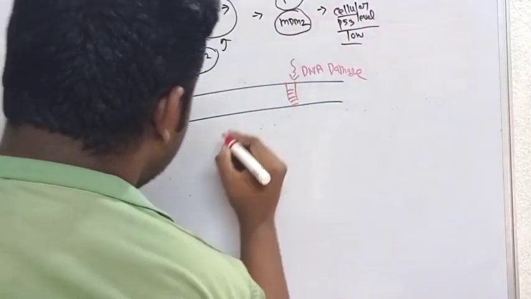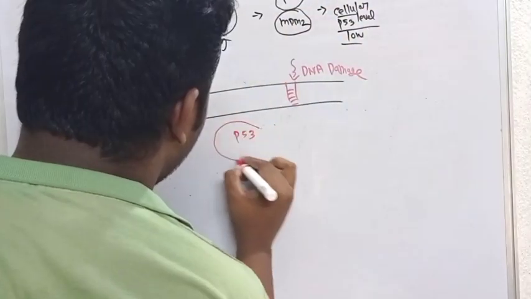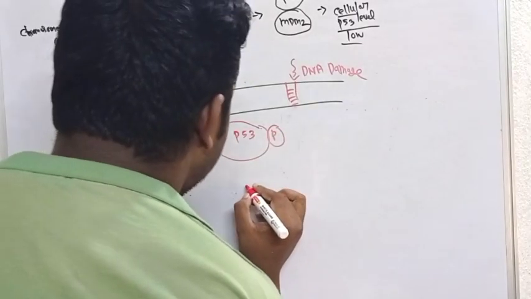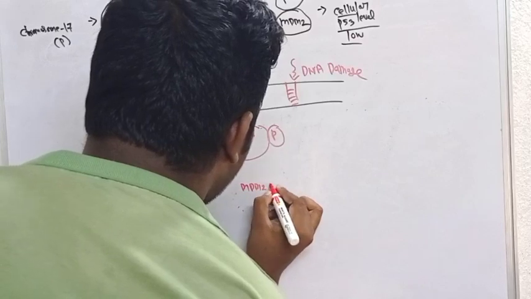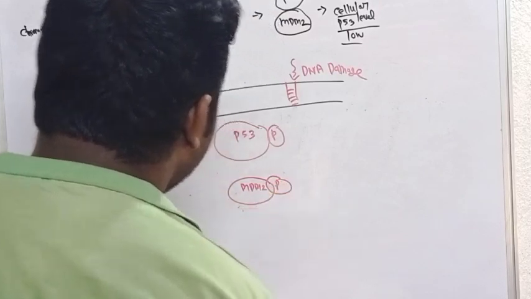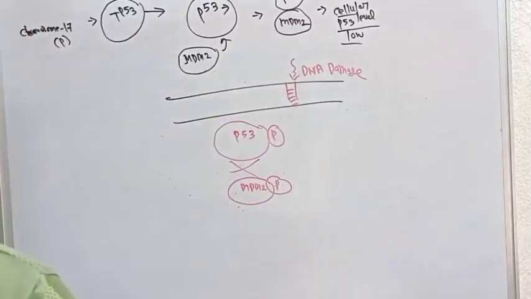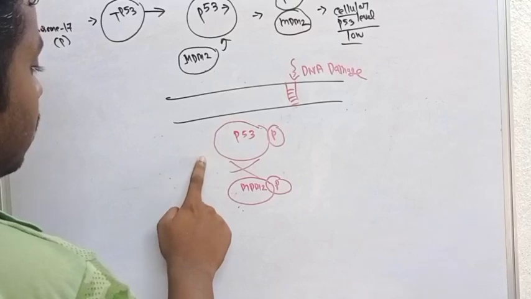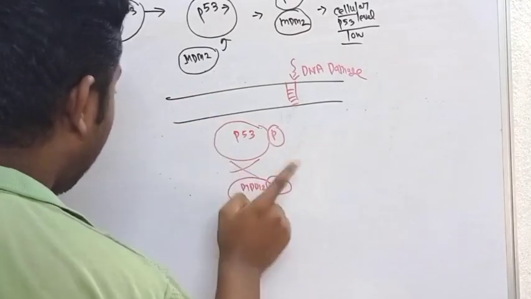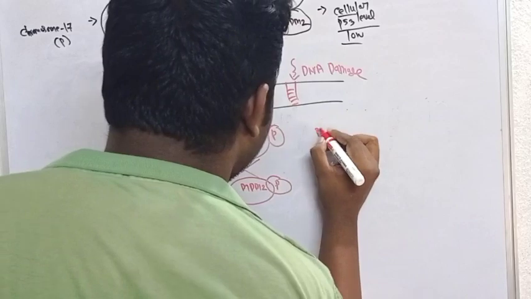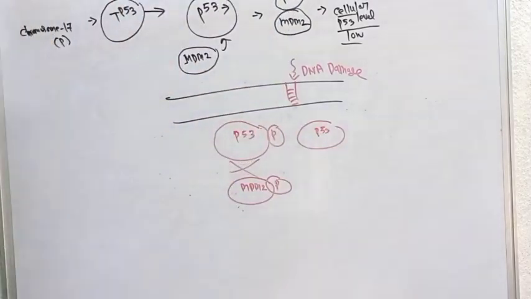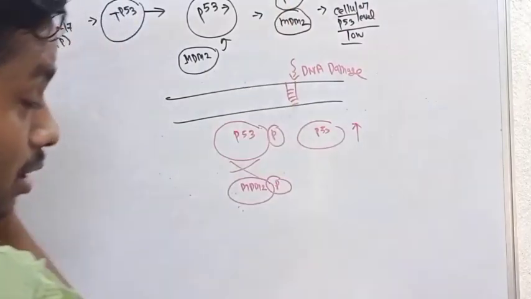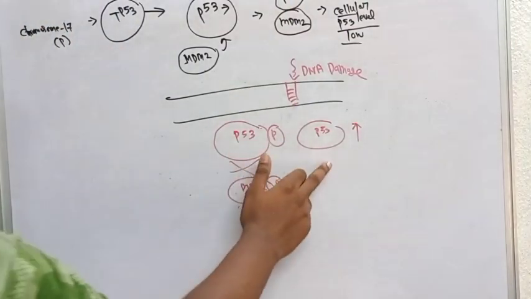DNA damage leads to phosphorylation of the P53 protein and MDM2 on their binding domains, so they are no longer able to bind with each other. So P53 degradation does not occur due to phosphorylation. So is the P53 level inside the cell decreased or increased? Increased. The P53 protein level is increased inside the cytosol.